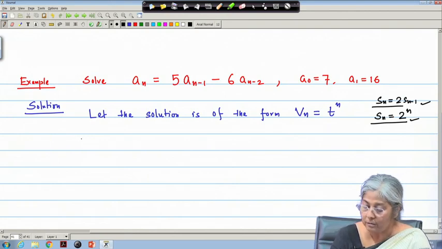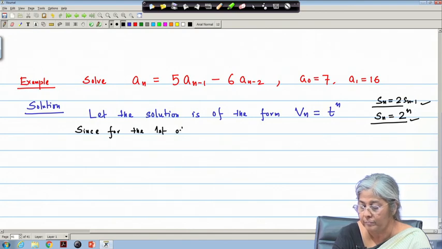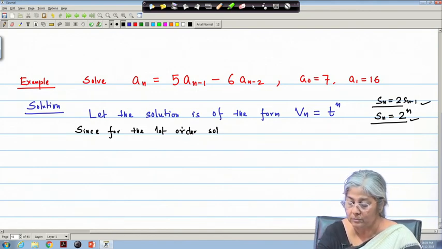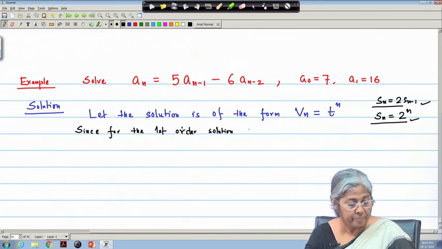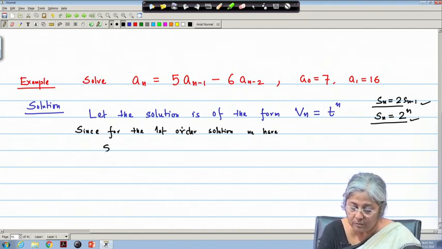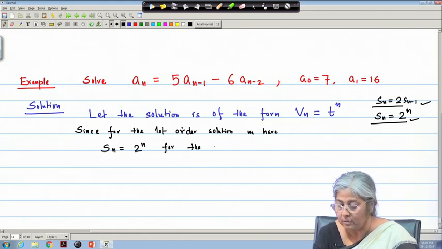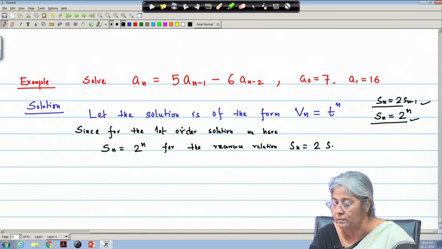Since for the first order solution, we have S_n equal to 2 to the power n, as I mentioned, for the recurrence relation S_n equal to 2 S_{n-1}.